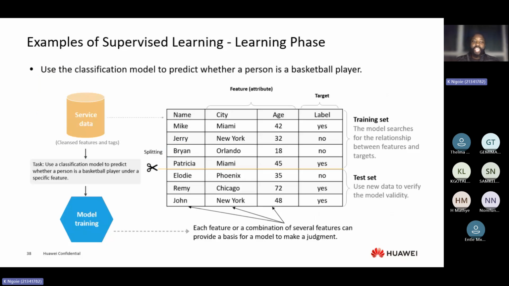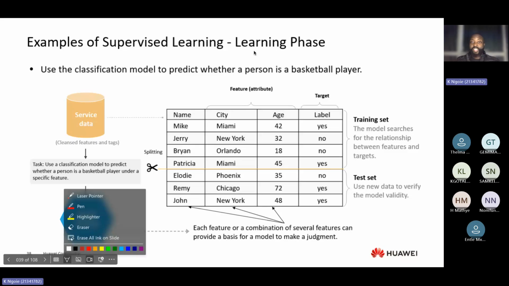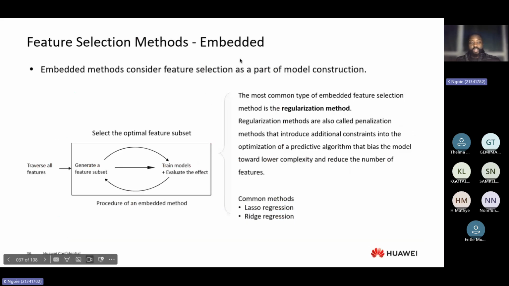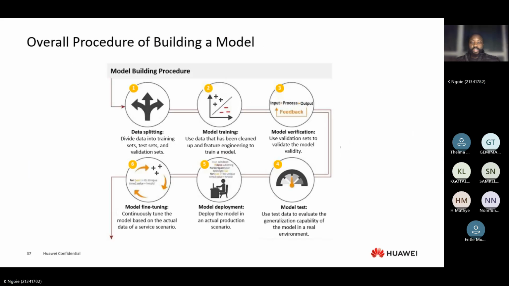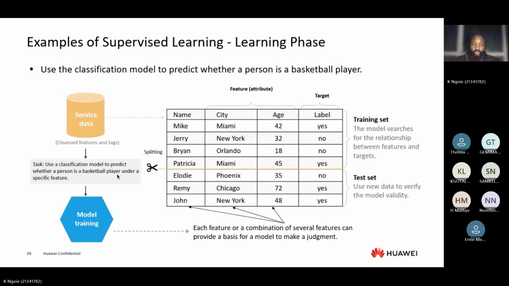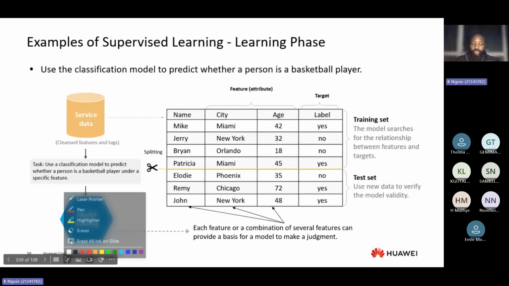This is when the AI was learning how to predict, using the name, the city, and the age, that a player is a basketball player. So this is the learning phase, what the person who created the system was doing to train the model.